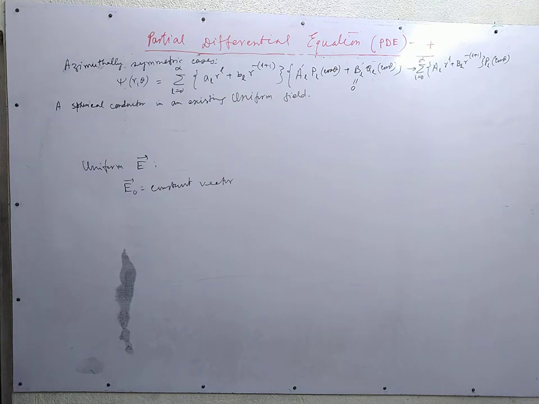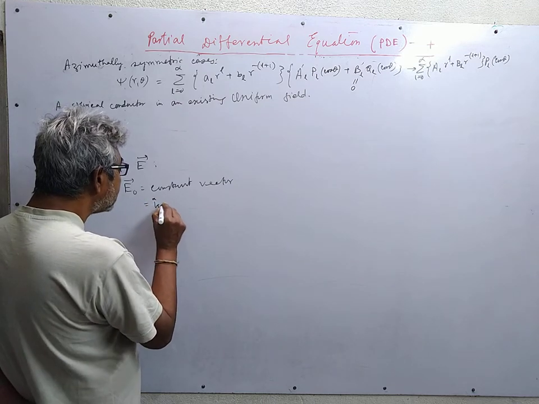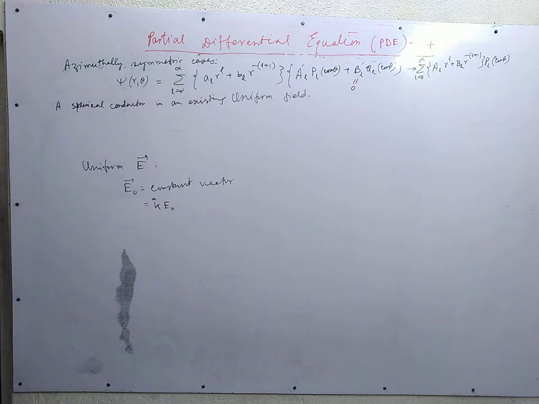We could choose the constant vector to lie in any direction, but the calculation drastically simplifies if we choose it to be like this, k cap E0, because the z-axis is the axis of symmetry.